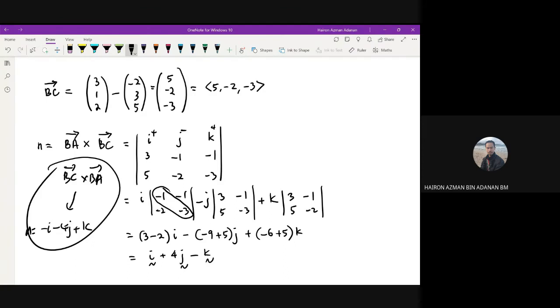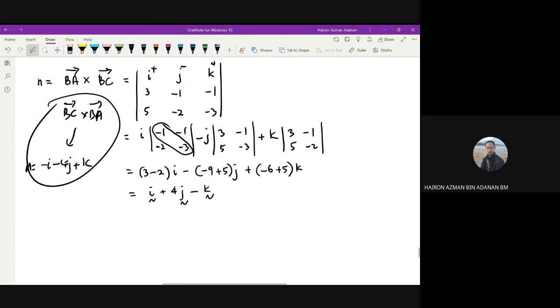Okay, this one the different one because this one I cross BA cross BC. Okay, but normal is still the same lah. But the only different direction. Tak ada masalah. No problem. Okay, just continue. So now we get the vector normal.